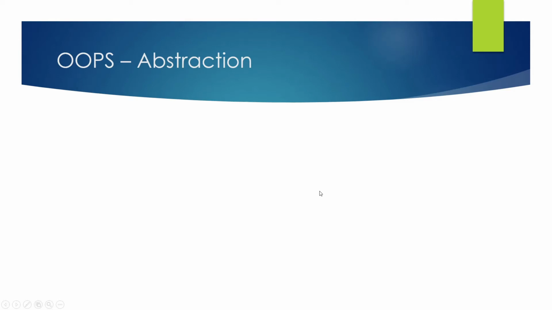So let's move to abstraction. Before looking at the definition, let's understand it this way. You have a mobile phone or a car. We'll take the example of a car. Let's say you are just hitting the pedal and accelerating. Let's consider this is an automatic car and you don't have to change gears by hand.